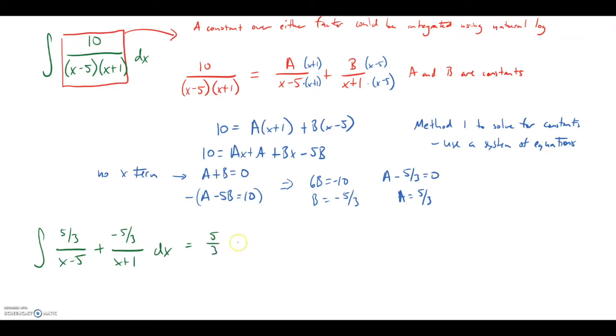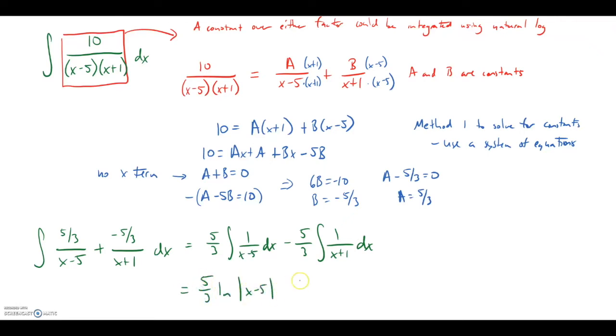And then using some properties of integrals to transform this, our first term will become 5/3 times the integral of 1 over x minus 5 dx, and our second term will become negative 5/3 times the integral of 1 over x plus 1 dx. And that is now an easy problem to integrate at the end.